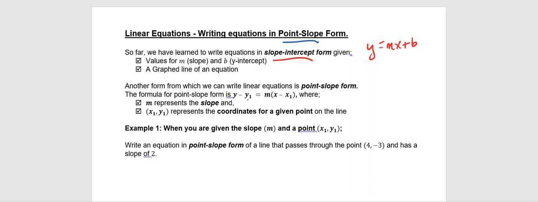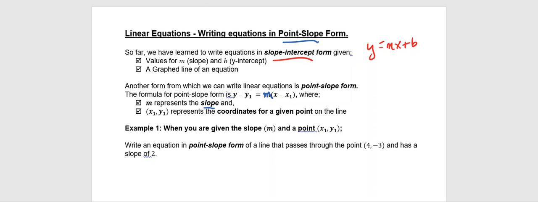y minus y1 equals m, which we're familiar with, the slope, parentheses, x minus x1. So again, we already know that the m in this is our slope, okay? So there's our m, and it represents slope.